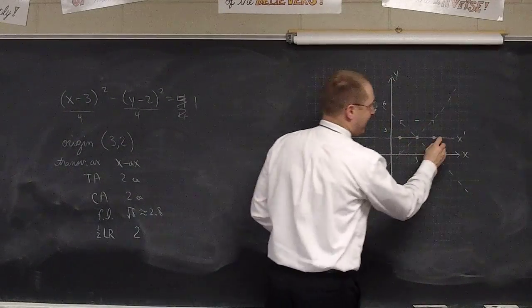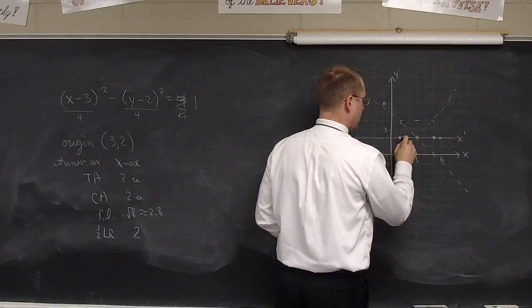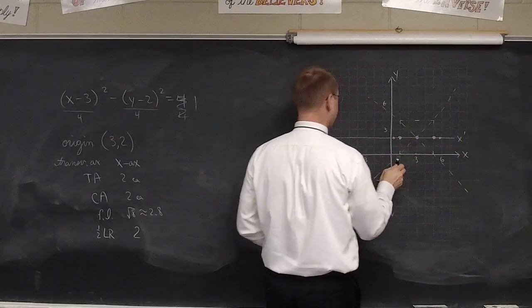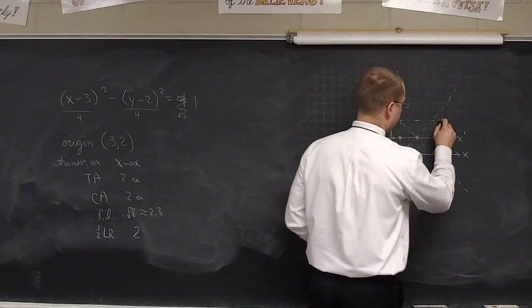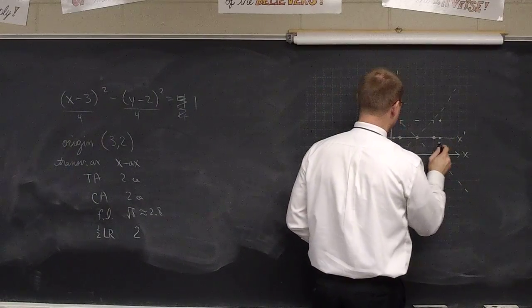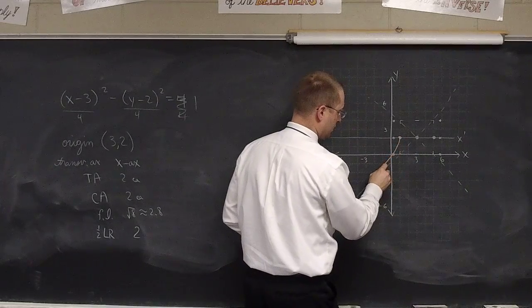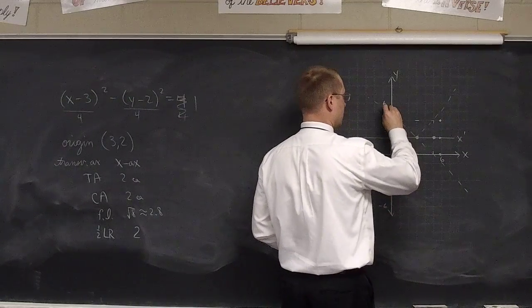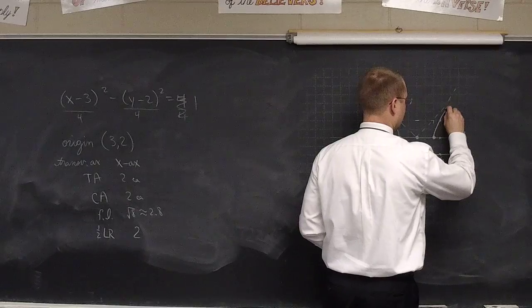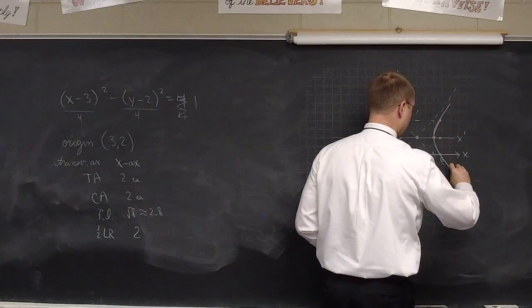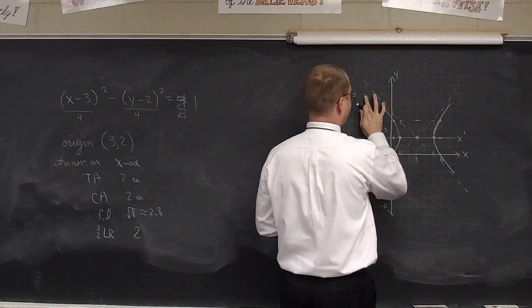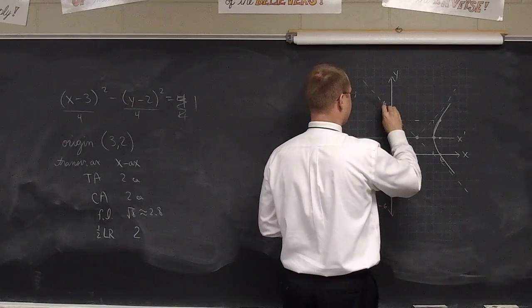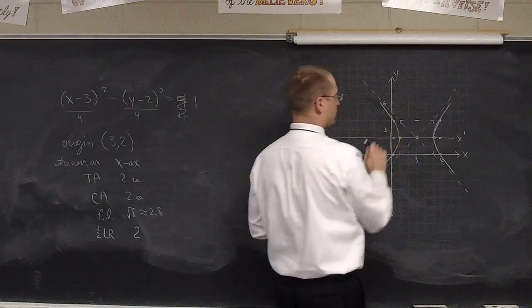Focal length 2.8, so almost out to a third in both directions, and then from there up and down 2. I think that's why it's important that I use a straight edge, because my asymptote was really messed up there, and that's messing up my curve. A straight edge would really help.